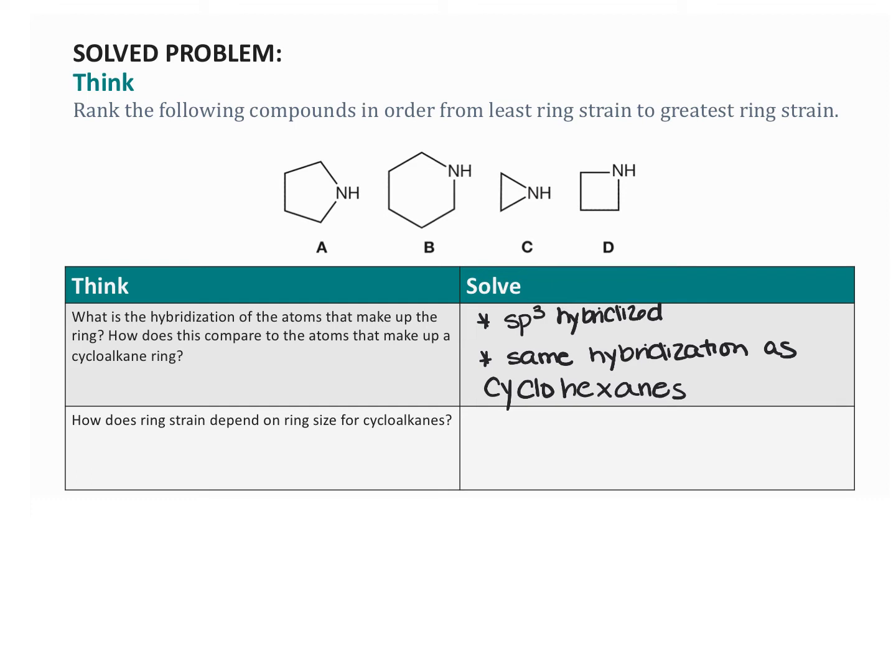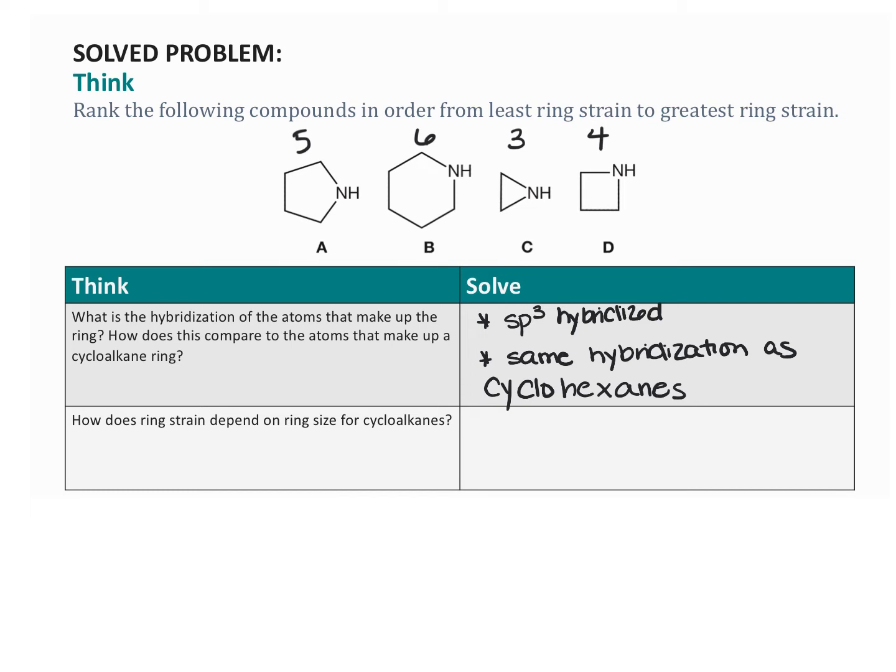Because of this, we expect the ring strain for molecules A through D to depend on the ring size as for the cyclohexanes, because we've got the same hybridization. So we have rings that are 3 to 6. When we look at this, this would correspond to a 3, that would be a 4, that would be a 5, and that would be a 6.